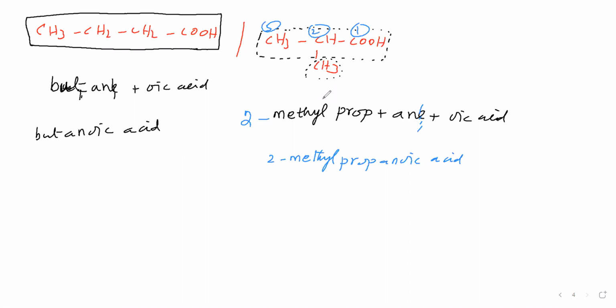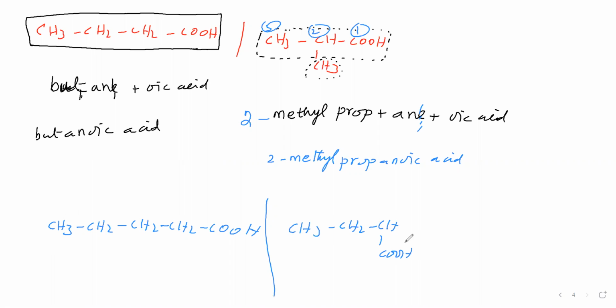Next compound we will take: CH3, CH2, CH2, CH2, COH. For this, another arrangement is to write this terminal carbon at the second place. Therefore we will get this methyl group, then the carboxylic acid.